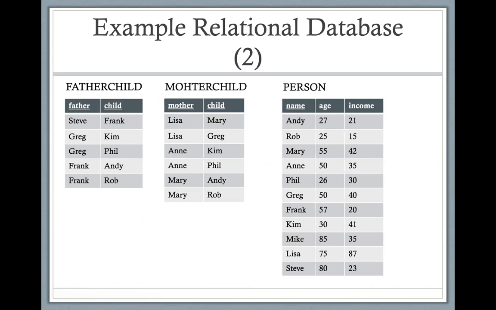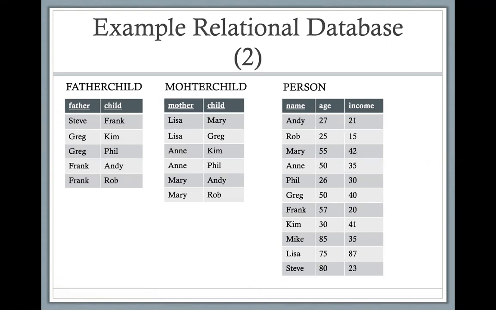I need two incomes: the income of a father and the income of a child. So I need to do two joins, father-child joined with person to get the income of the child, and father-child joined with another person to get the income of the father. Let's see how we do this. So we want to select at the end the name of the child.